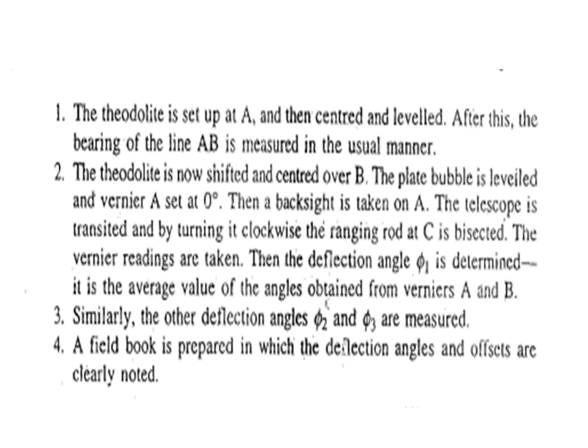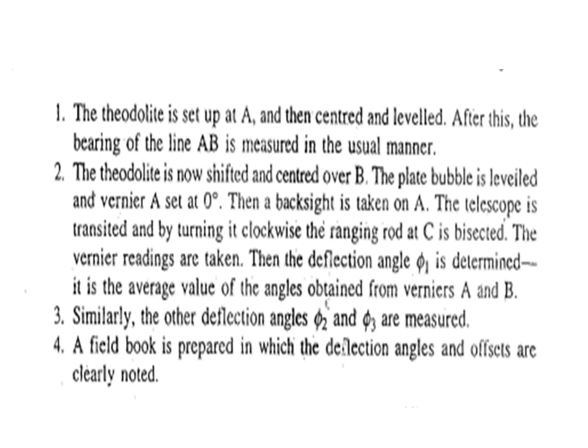Then the theodolite is set up at A and then centered and leveled. After this, the bearing of line AB is measured in the usual manner. Then the theodolite is shifted and centered over the point B. The plate bubble is leveled and vernier A is set at 0 degree. Then a backsight is taken on A. The telescope is transited and by turning it clockwise, the ranging rod at C is bisected.